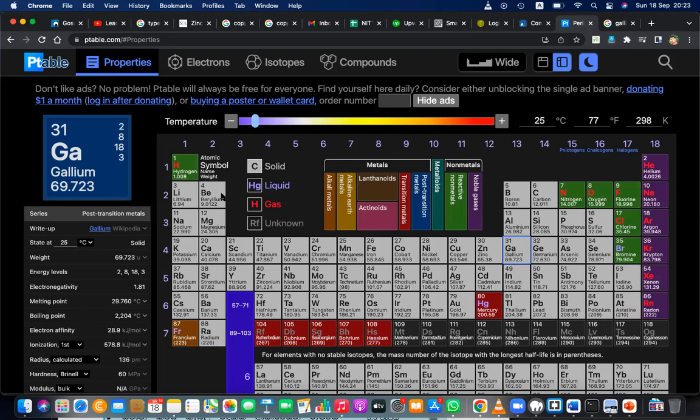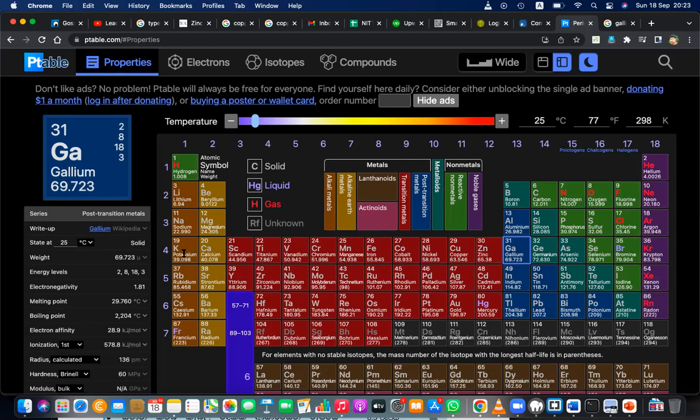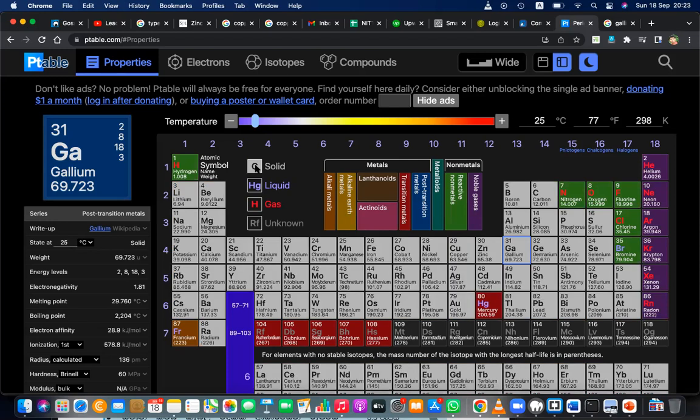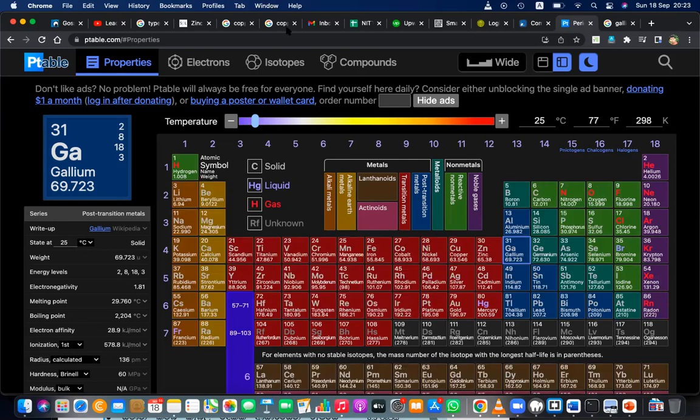Please remember the symbols. K is for potassium, Na for sodium. No need to divide these into groups, but just remember at least the symbol and the name. That is enough.